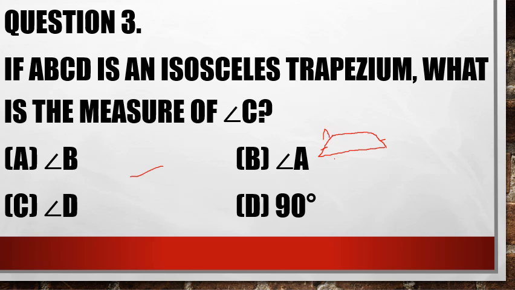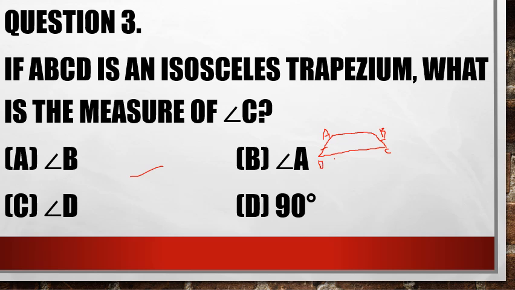Let me name this trapezium A, B, C, and D. This is the trapezium ABCD. These two sides are equal.